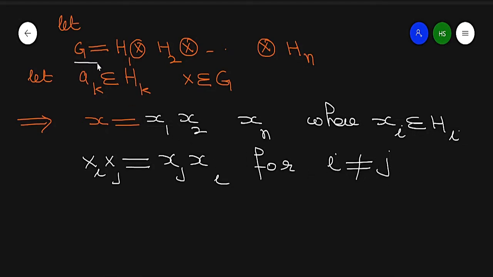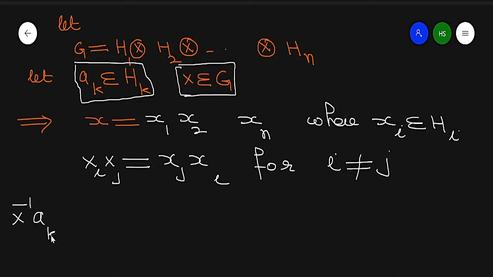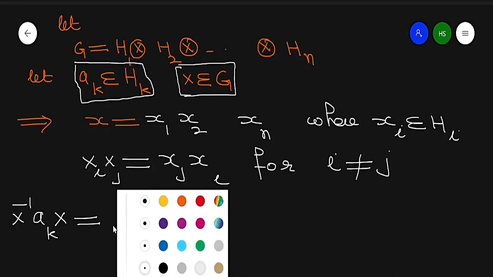Now I would like to prove that this Hk is a normal subgroup of group G. Hk is a subgroup; to prove it is a normal subgroup, I take one element x belonging to G and one element ak from Hk. To prove that x inverse ak x belongs to Hk, now substitute its value.